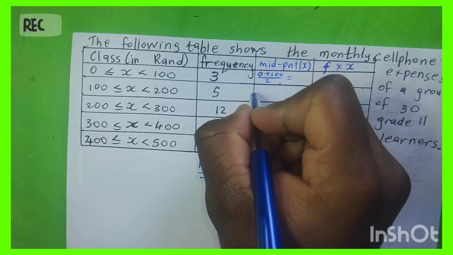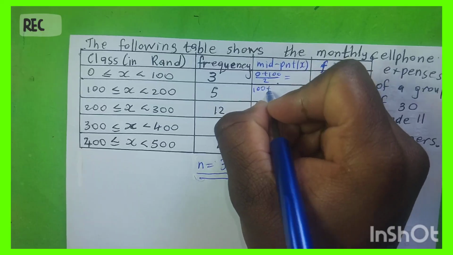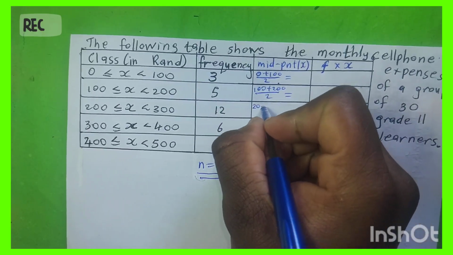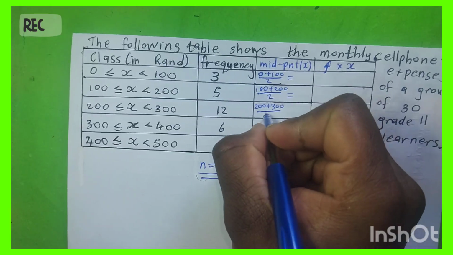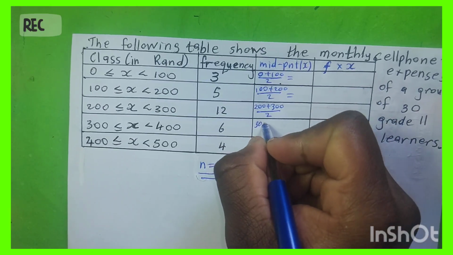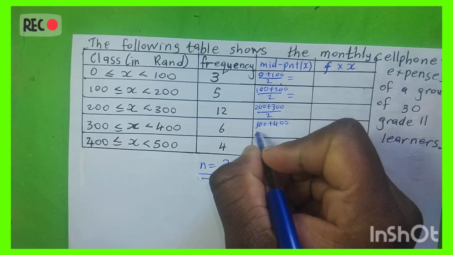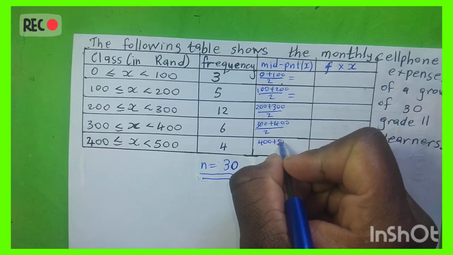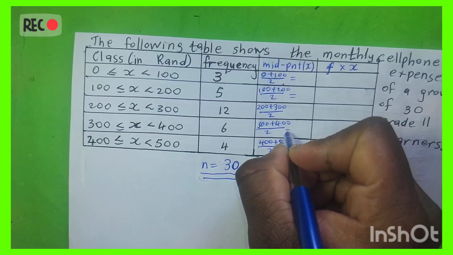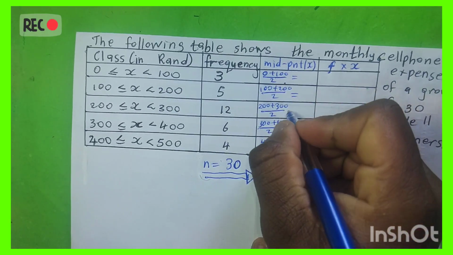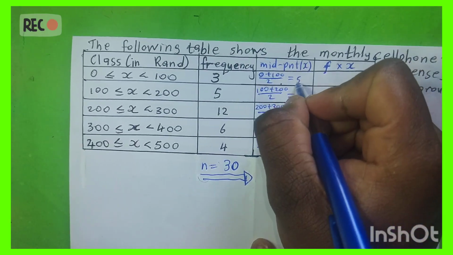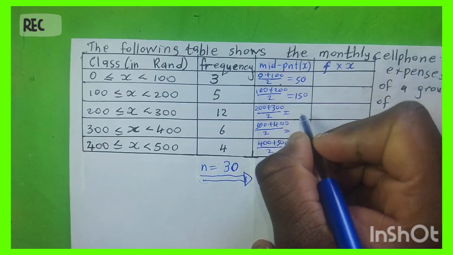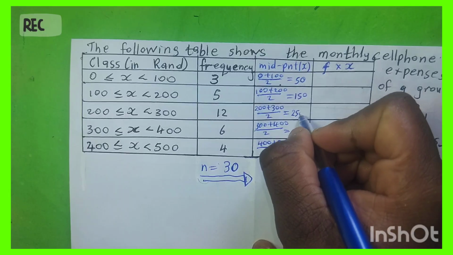Do the same for this one, and this one, and this one. So the midpoint is straightforward. Here you can tell that it's 50. Then for this one, the midpoint between these two numbers is 150. Then between this one, it's 250.